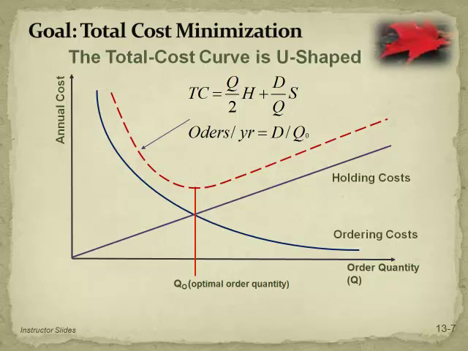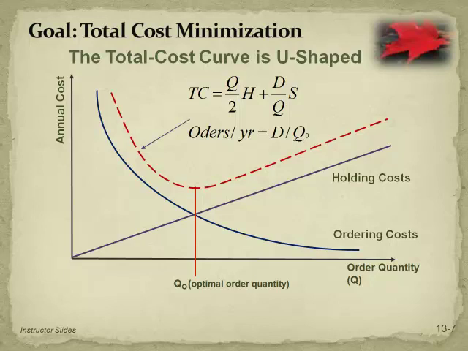We can see that the total cost is a U-shaped curve, and there is a minimization point, a point where the total cost reaches its lowest level. If we were to extrapolate that point down to the horizontal axis, that would represent the optimum order quantity, the quantity that will give us the least total cost.